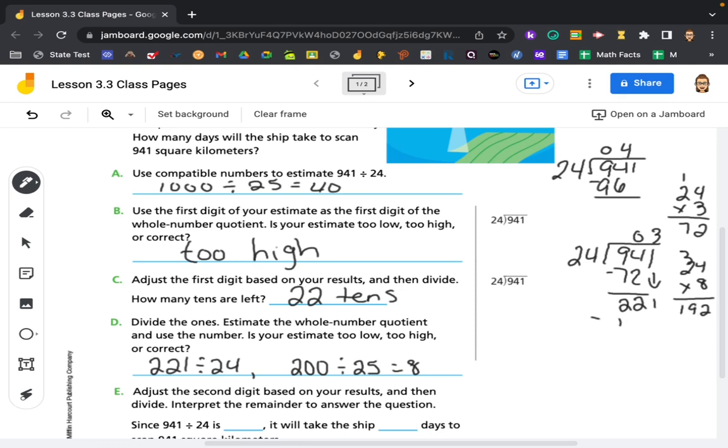So we subtract, and we have to borrow. So 11 minus 2 is 9. Then we have to borrow, and then we get 29. So that would mean that our estimate is too low.